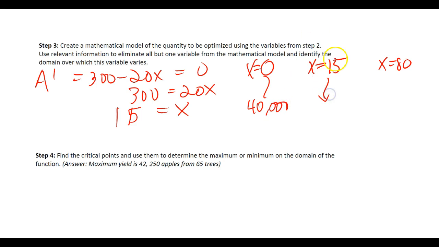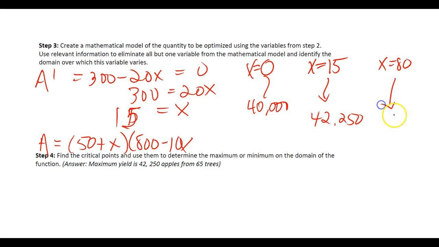This new output, if I plug 15 into my equation for A, which was 50 plus x times 800 minus 10x, I find that I'll have 65 trees times 800 minus 150, right? And I end up with an output of 42,250 apples, and then this output is 0.